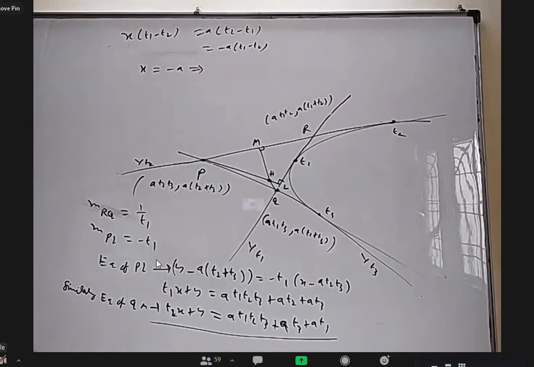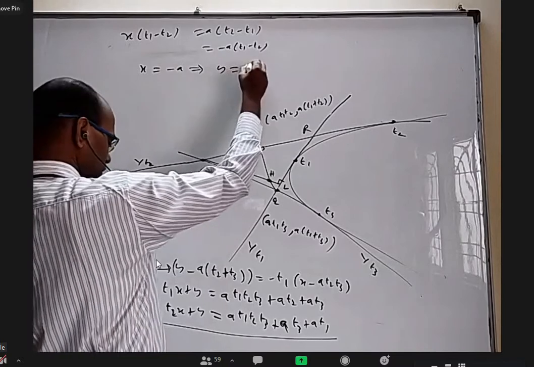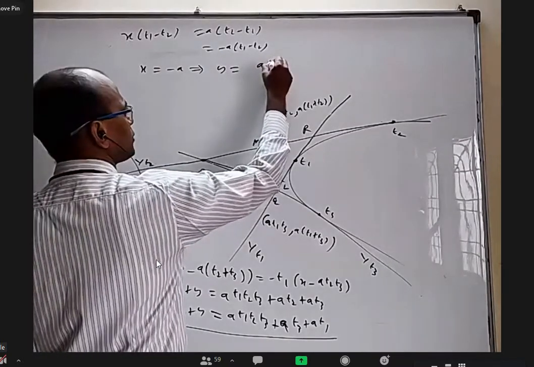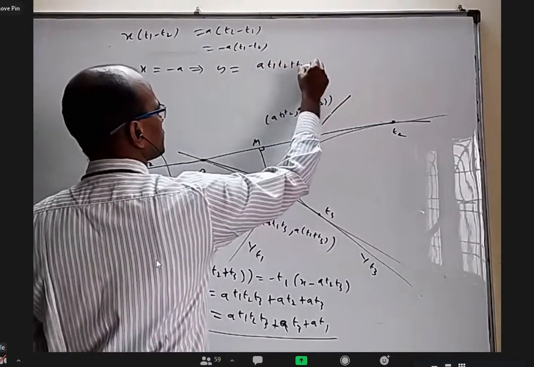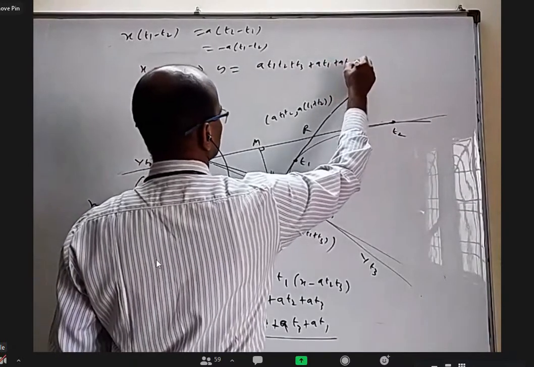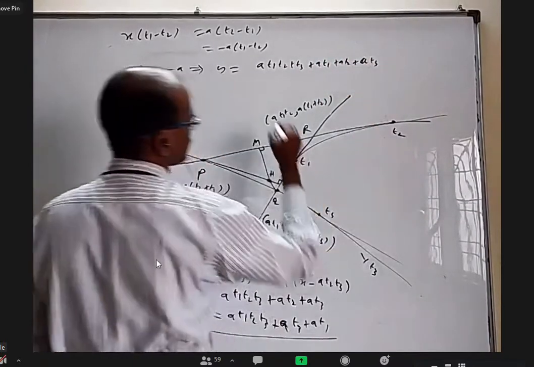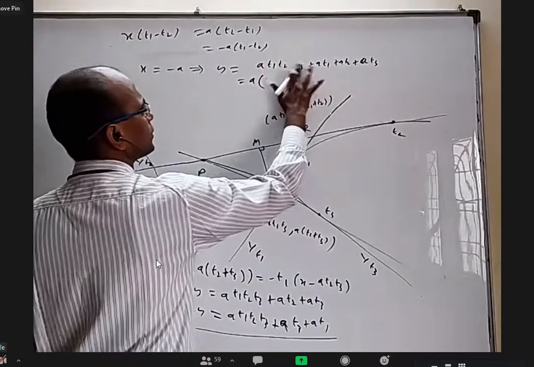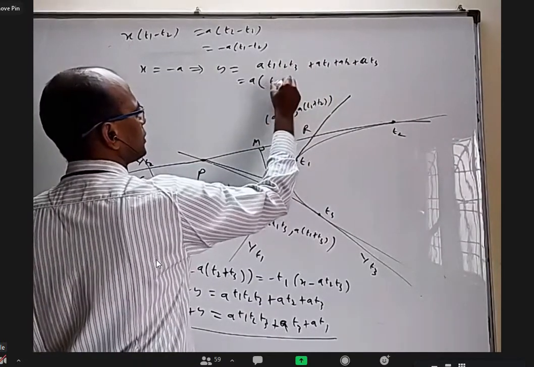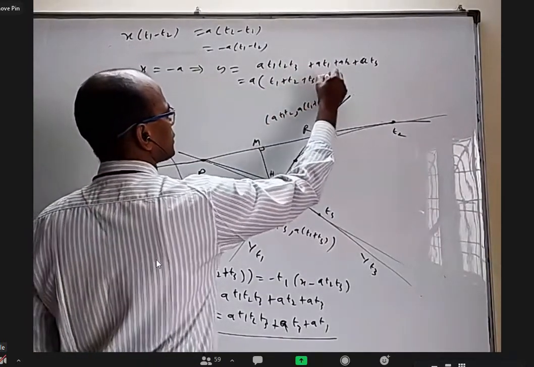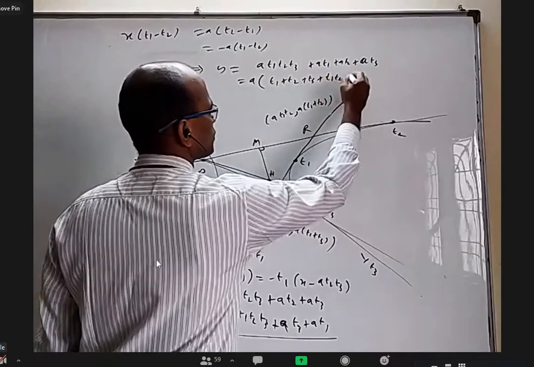And that minus A, when I put it here and send that side, Y will come A T1 T2 T3 plus A T1 plus A T2 plus A T3. If we take A common, T1 plus T2 plus T3 plus T1 into T2 into T3.